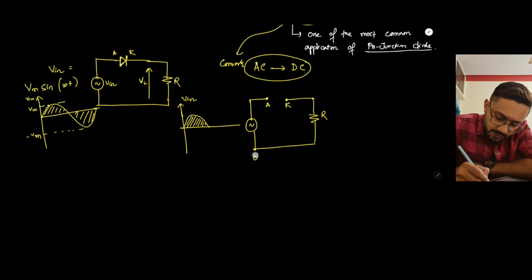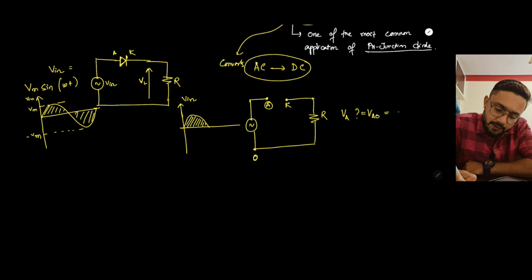Suppose this is the reference. For the diode to conduct, VA should be greater than VK. Let's check whether VA is greater than VK in this circuit. What is VA? VA is equal to VAO, and this is positive.